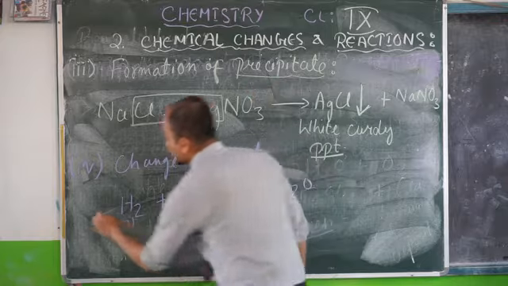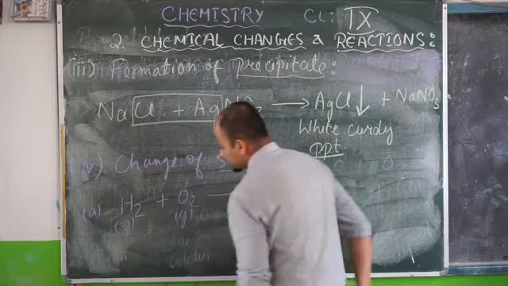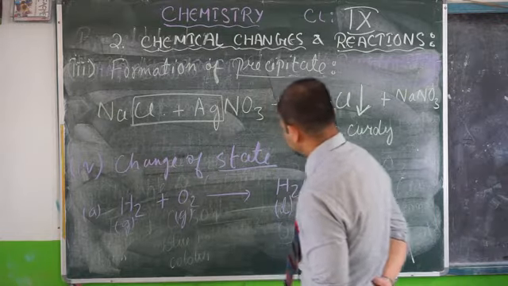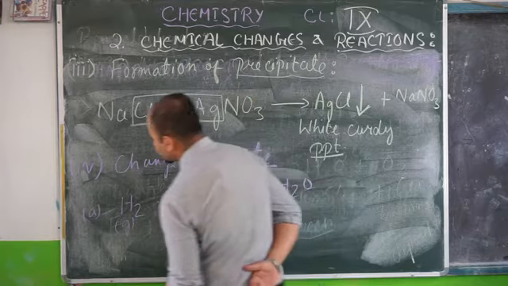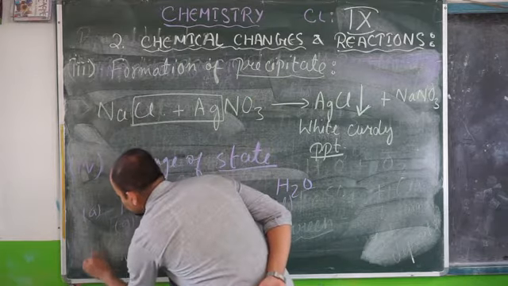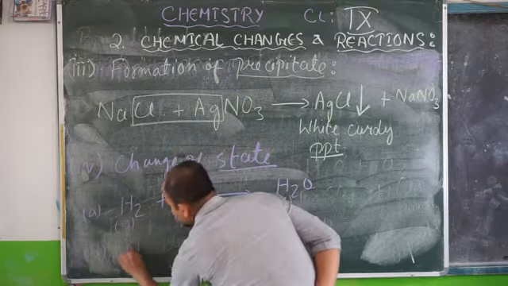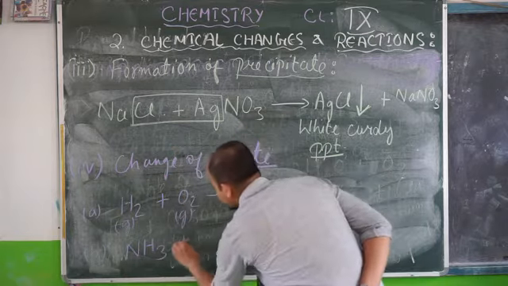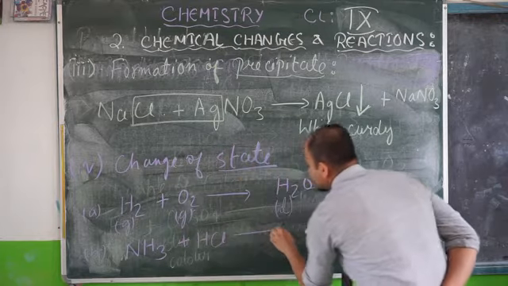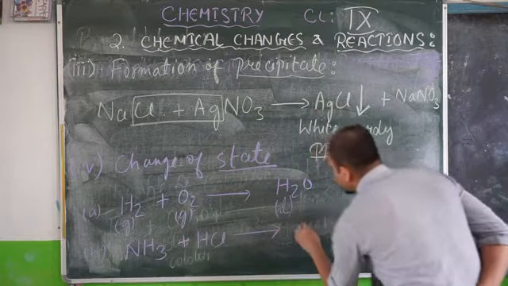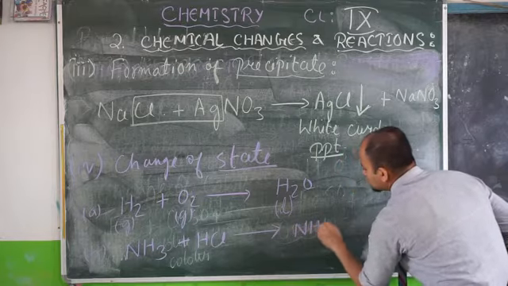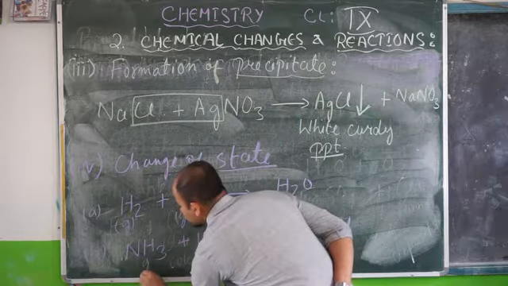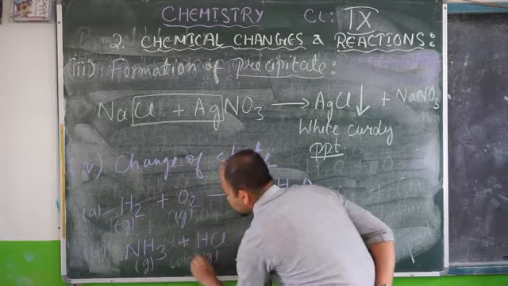Some other example is the reaction of ammonia. Number B is ammonia, which is your favorite gas. Ammonia reacting with HCl gas results in the formation of ammonium chloride. Okay, this is a gas. This is also a gas.